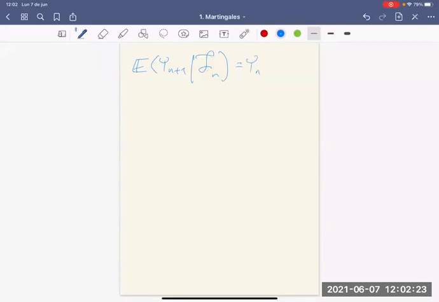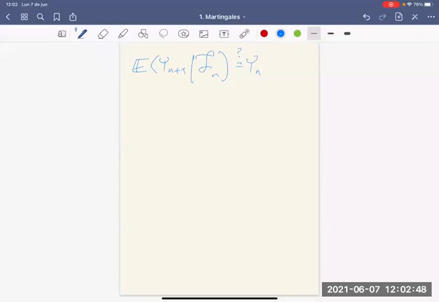So this is what we need to do. Now, I need to emphasize that the reason I am writing n here is that I need this to be a certain time which was before this time took place. So what I intend to do is to see that this equality holds.